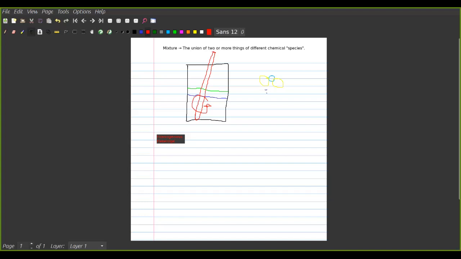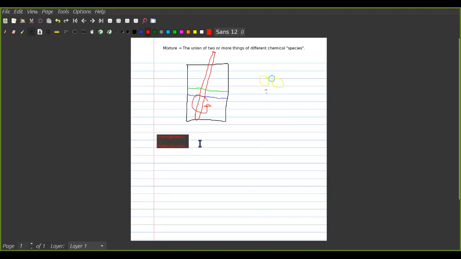So it's homogeneous and heterogeneous. Homo means equal and hetero means different.